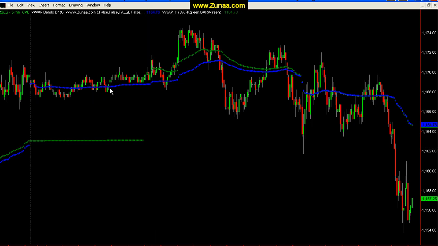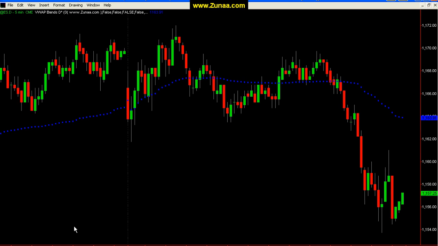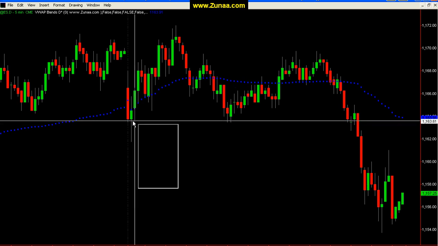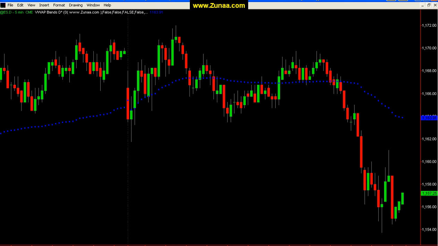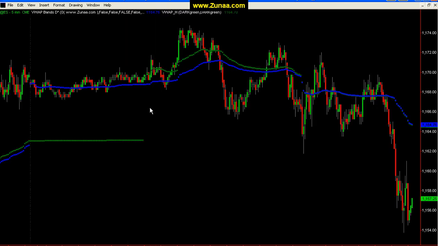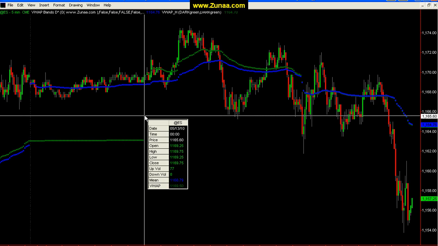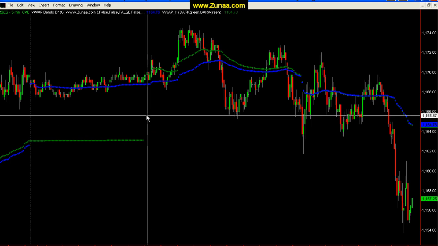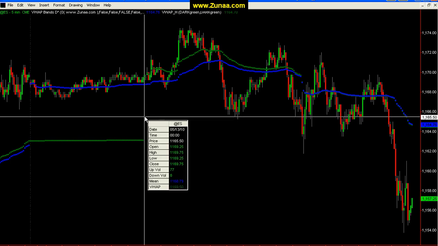Now, if you're using volume weighted average price on a cash session like this, the one that changes on a date session would work fine for you. However, if you're using the same indicator on a regular session chart as we do here, as you can see, the green one gives you some odd calculations and decides to reset during the date change.